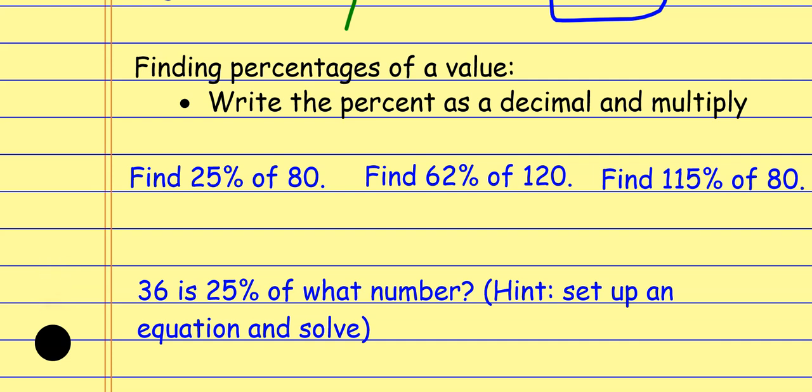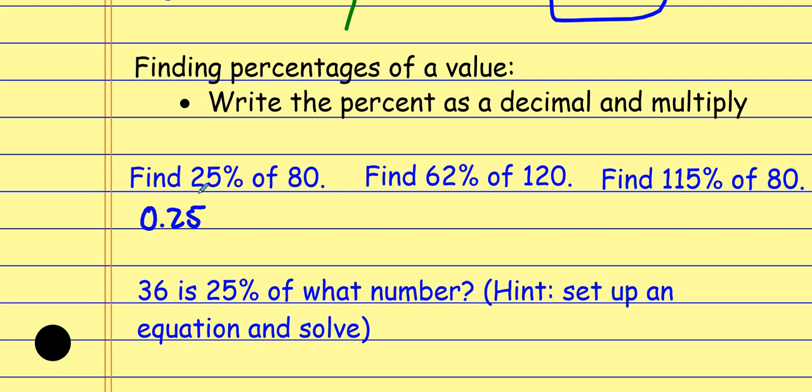So if I look at something like this guy, it says find 25% of 80, and this time I will use the shortcut. So instead of doing 25% and changing it, doing 25 divided by 100, I'm going to go right to 25 divided by 100 is 0.25. So if I want 25% of something, essentially what I want is 0.25 of something.